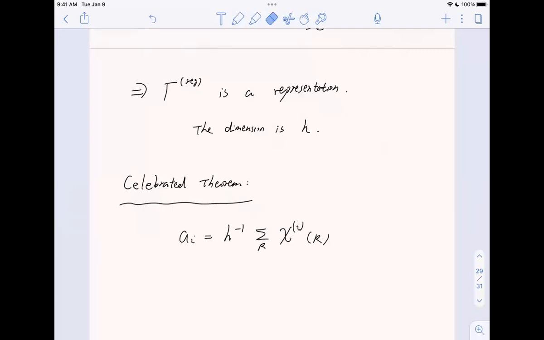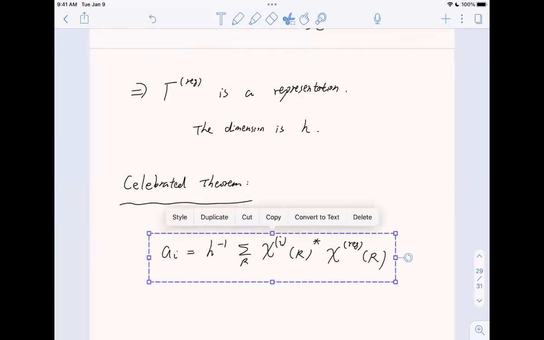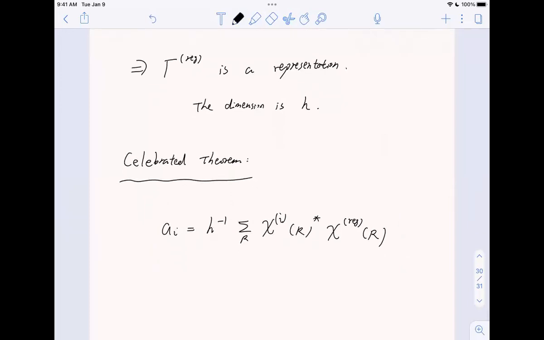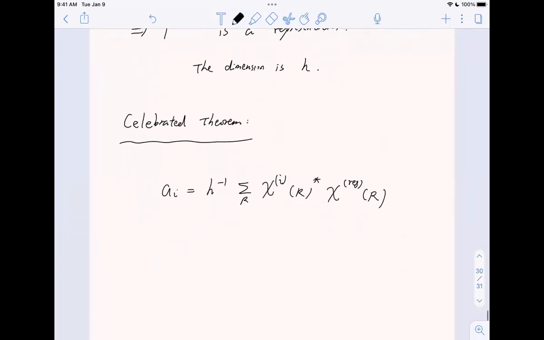Then you have a character of this regular representation. This AI will be the number of irreducible representations in that. So what is this?